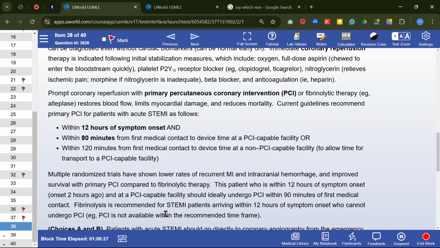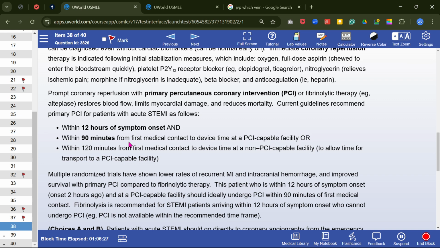Look at the trick here. Within 90 minutes from first medical contact to device time. So if somebody has chest pain, he is at home and he called 999, and when 999 comes to that patient, that is the time of first medical contact.